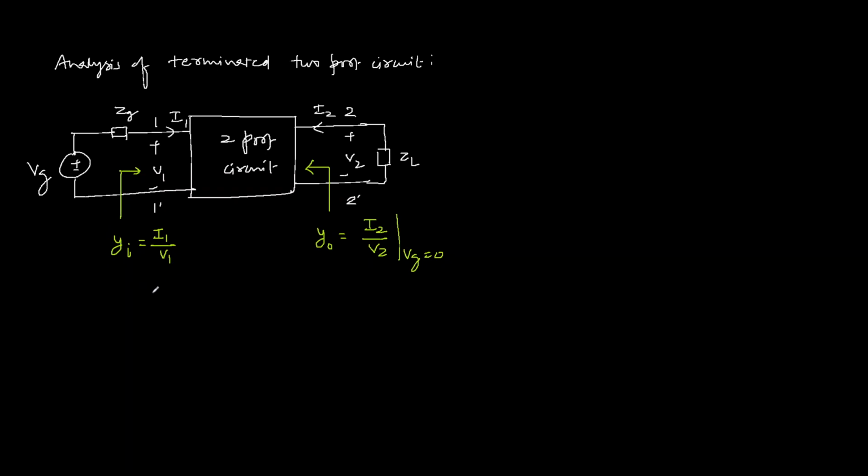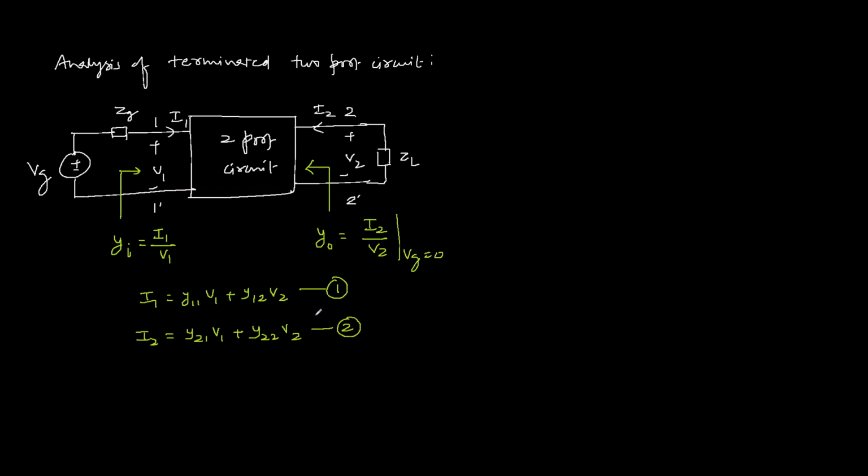So first of all, let us find the input admittance. The equations for the Y parameters for this two-port network are: I1 equals Y11 V1 plus Y12 V2, this is the first equation; and the second equation is I2 equals Y21 V1 plus Y22 V2.